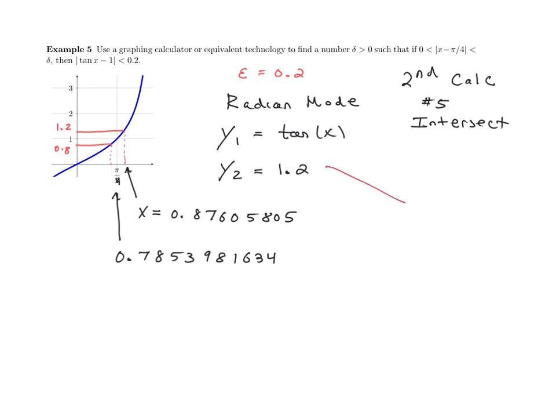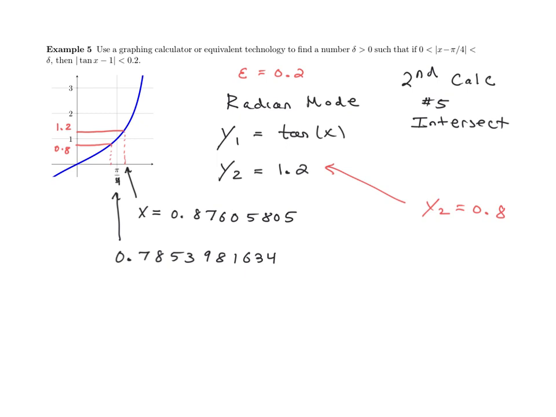This time, I'm just going to switch y2. I'm going to make it equal to 0.8 and do this process again. So I'm typing in 0.8 in place of y2, and I hit graph. It's graphing the equation. And again, I'm going to press second and then hit calc. I'm going to choose the fifth option, which is intersect.